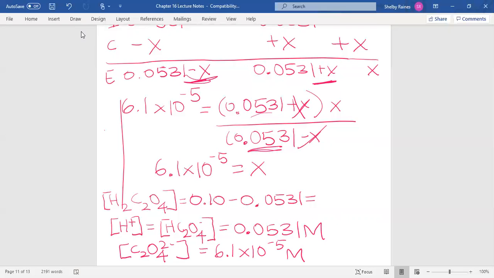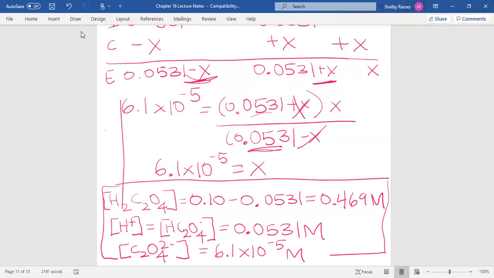Okay, and this I didn't do here, so this would be your final answer. So for polyprotic acids, you have to do as many ice tables as you have hydrogen ions.